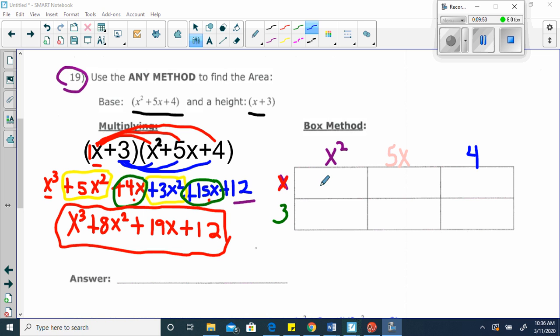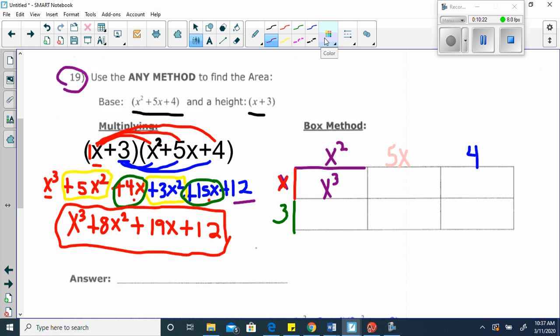Okay, so we're going to set this up. We have x squared, 5x, and 4. Each one gets their own length here or side. And then we have x and 3. Same thing, we're going to find the area of each of these boxes. Our first one here, we're going to do x squared times x, which is x cubed.